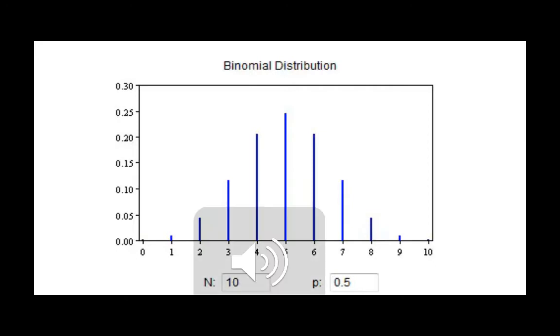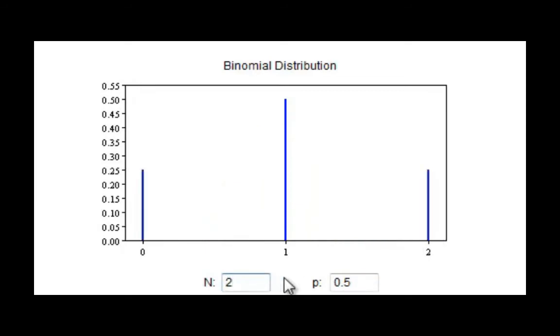All right, this is a little web simulation of the binomial distribution, and it's useful because it's hard to draw out by hand a binomial distribution with more than 2 or 3 trials.